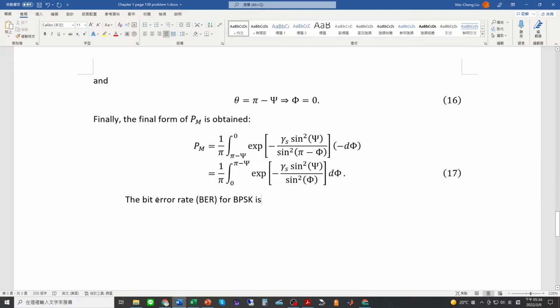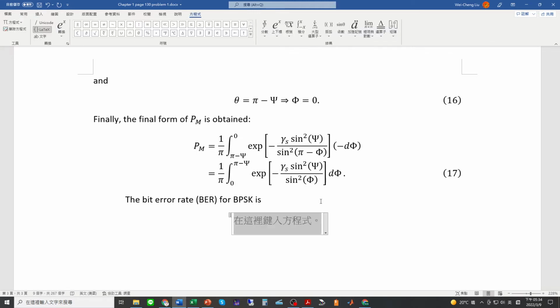Okay, the bit error rate BER for BPSK, I think you should have learned it when you took the course Digital Communications. So it is equal to this.